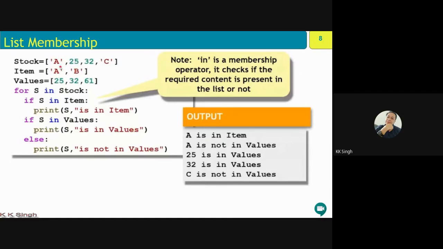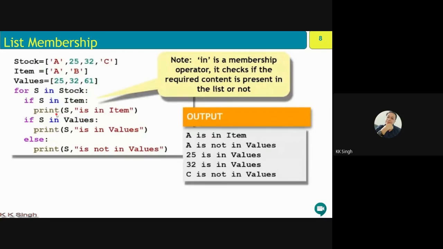We are taking the value from stock and checking the membership of this value in the item list. Since A is available in item, it will show A is in item. See here, A is in item.